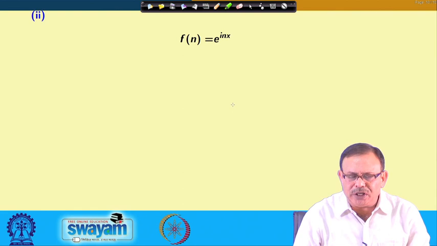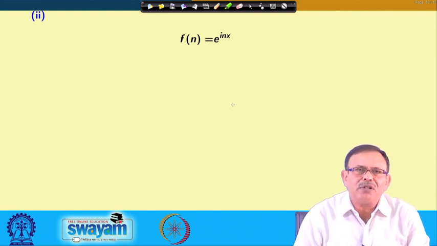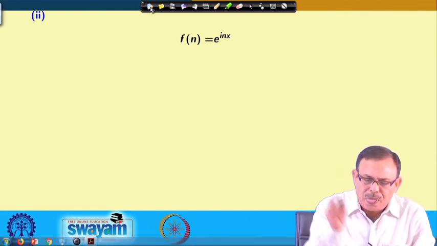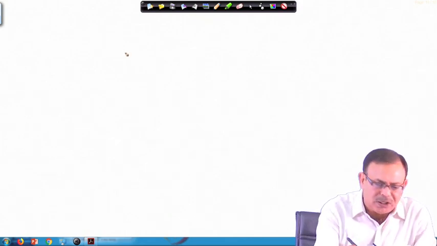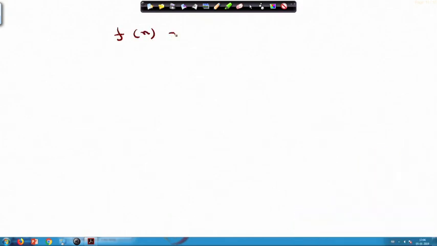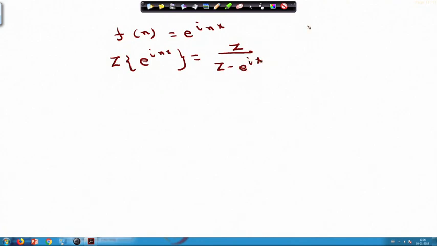We want to find the Z transform of f n equals e power i n x. So, whenever we want to find the Z transform of this, f n equals e power i n x, from the earlier example itself I can tell that it is z by z minus e power i x, because the Z transform of a to the power n is equal to z by z minus a.